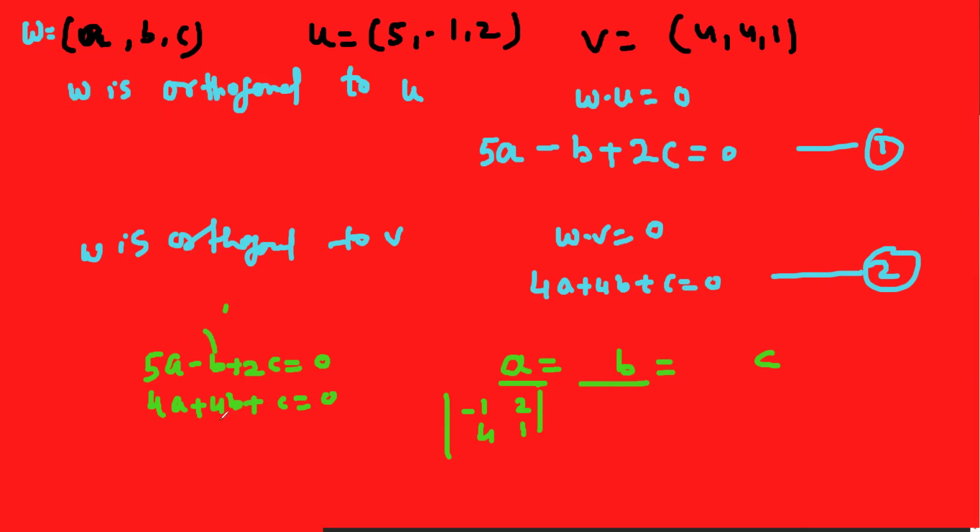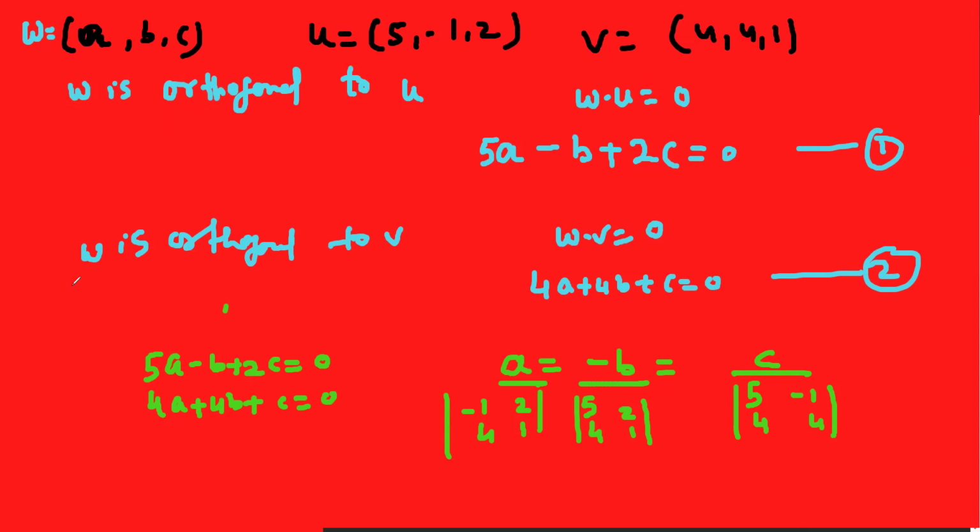For the value of B, hide the column of B: 5, 4, 2, 1. For the value of C, hide the column of C: 5, 4, minus 1, 4. The first term is positive, second is negative, third is positive.